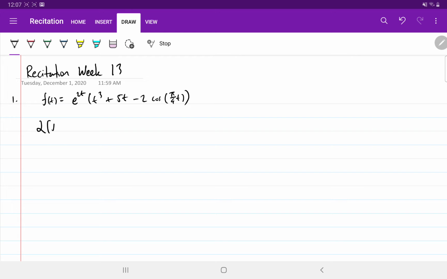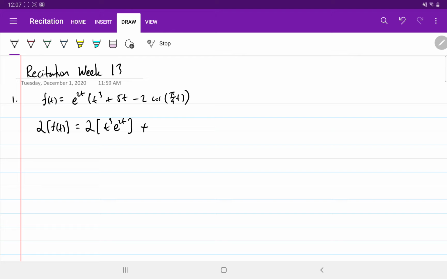So Laplace of f of t is Laplace of e 2t times t cube. So let me write it this way: t cube e 2t.